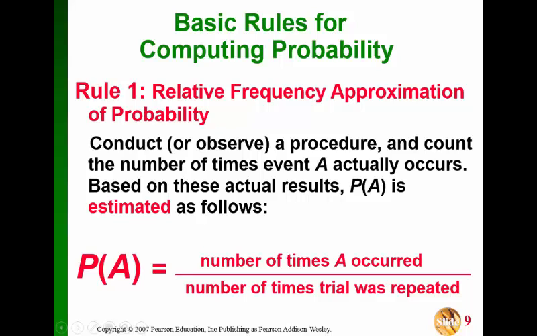Based on tallying up all that information, we found the probability for rolling each of those numbers that you would get from the dice. This probability is called the relative frequency approximation, and it is based on conducting your experiment a whole bunch of times. Based on that, we can define a probability for an event happening.